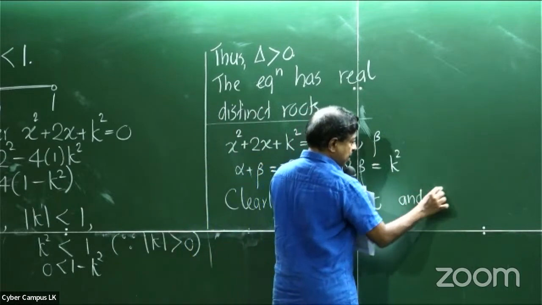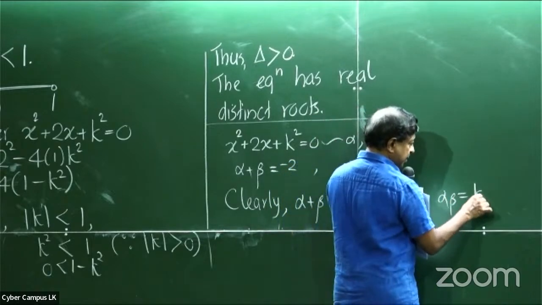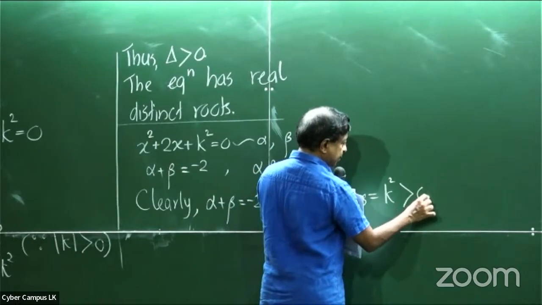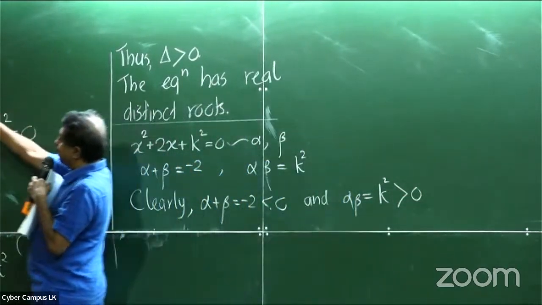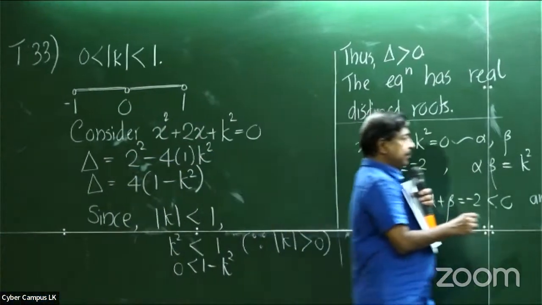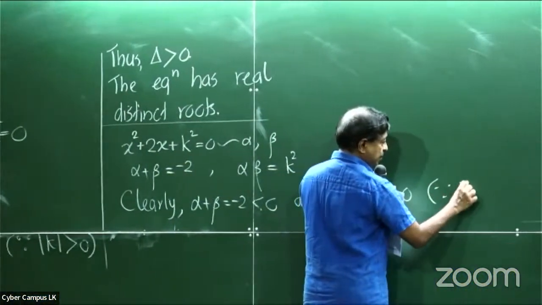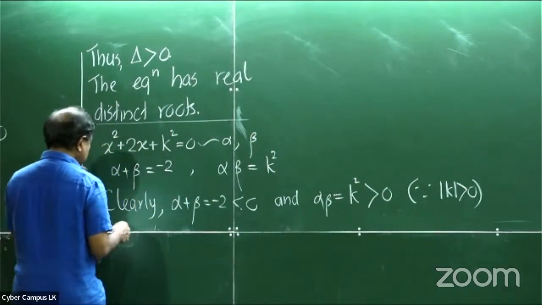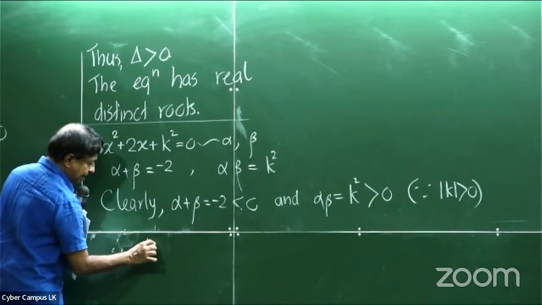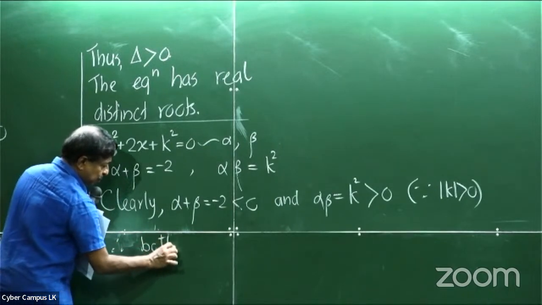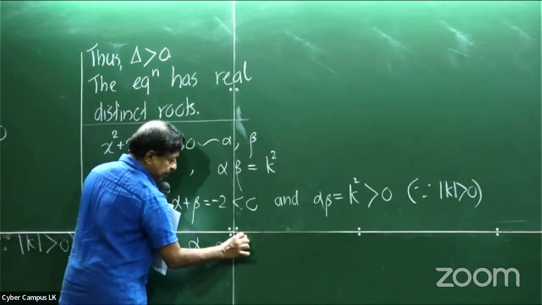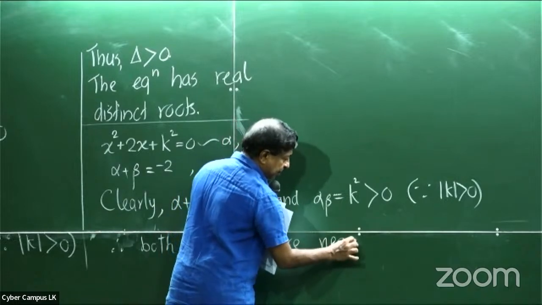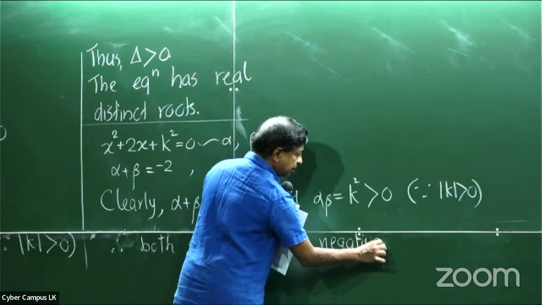And alpha beta is k squared, which is greater than 0 because mod k is greater than 0. Therefore, when you square this, you get this. Therefore, both alpha and beta are negative. Both roots are negative. That would be enough.